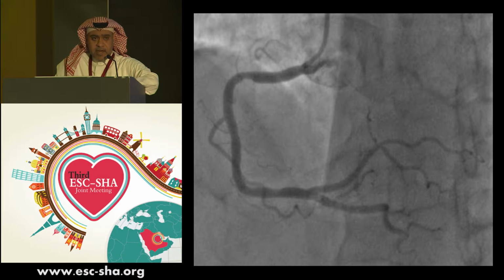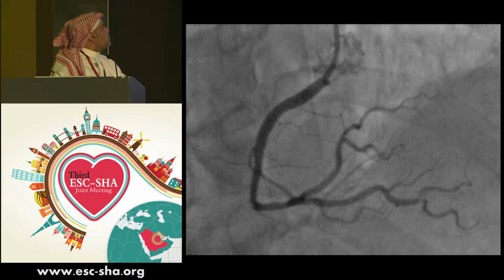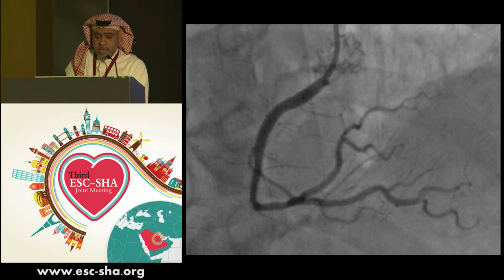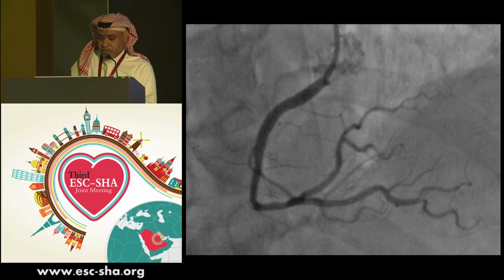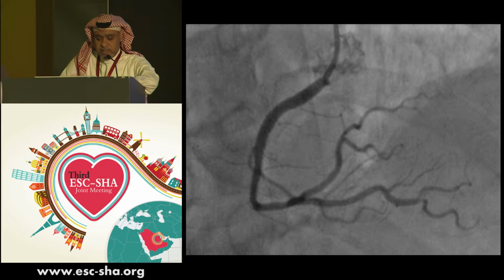However, this was not the only pathology he has. There was a lesion in a diffusely diseased right coronary artery. This right coronary artery is large, and there are multiple segments of mild irregularities. In the cath lab, we debated this lesion here in the proximal segment of the RCA. Should we do it? Should we leave it alone? We did an FFR on this stenosis.